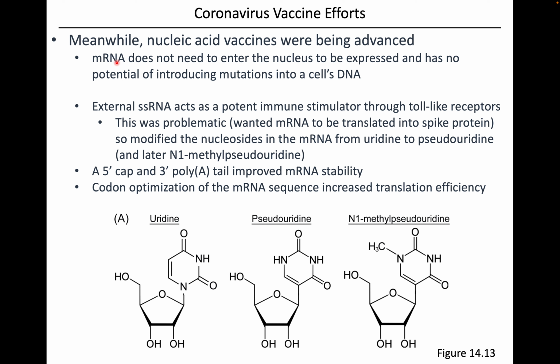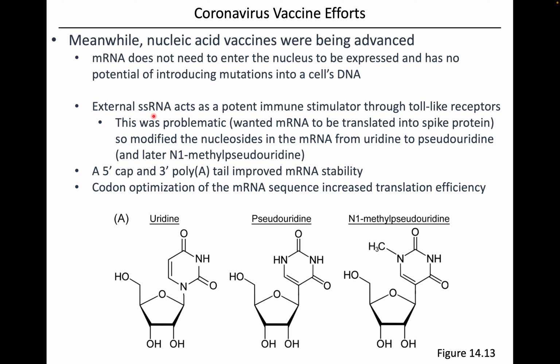So, messenger RNA doesn't have to go into the nucleus in order to be expressed. So the whole idea with these nucleic acid vaccines is if you could introduce messenger RNA, you could force the host cell to translate it into a protein, then we mount the immune response against that protein.